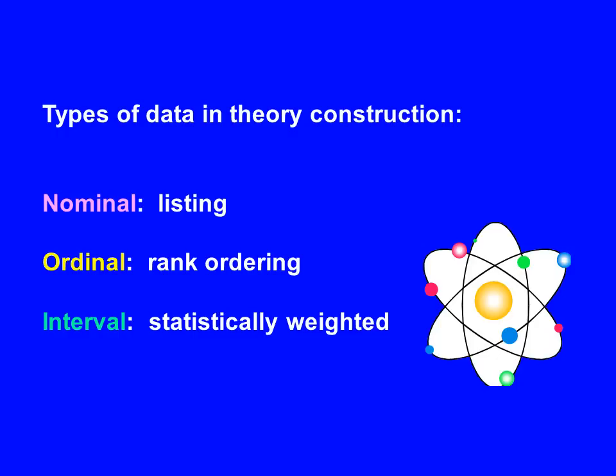You are a friend to other people 5%. My percentages aren't coming out right here. But you get the idea and understand, I hope, that interval data, which is statistically weighted, is much more valuable than simply listing or rank ordering.